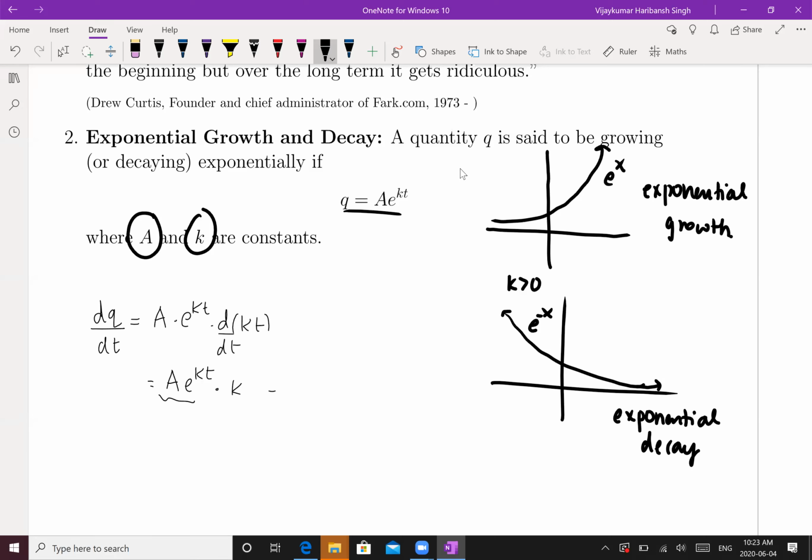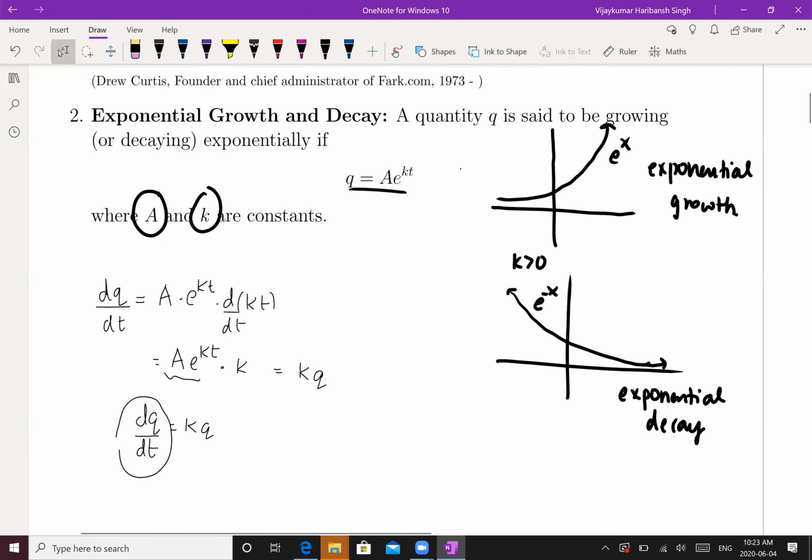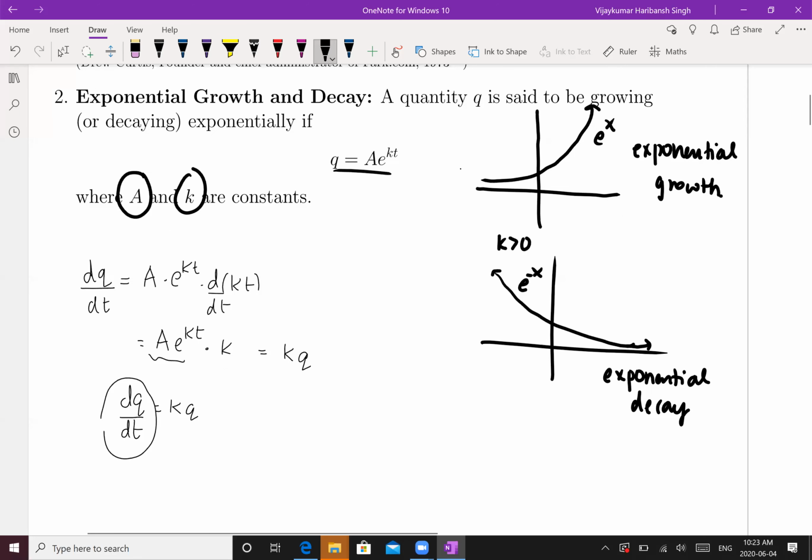This is your q, right? So I can also write it as q. So what do we get? We get dq by dt is kq. Now there is another way to look at this equation. This is called the rate of change of q. So we can say the rate of change of q is some constant times q.